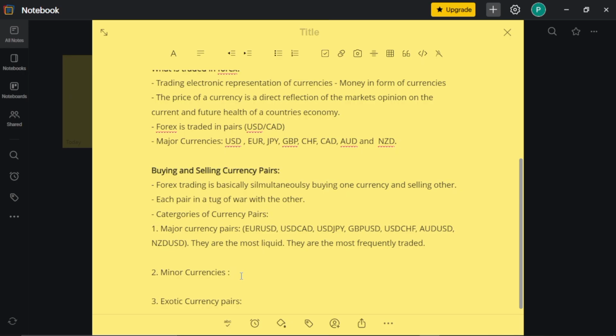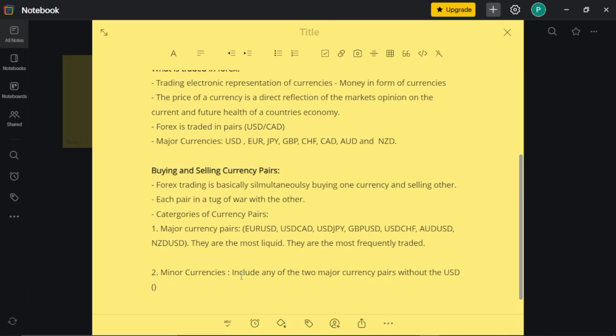So now the minor currency pairs, right? We're looking at the minor currency pairs. These currency pairs include any of the 2 major currency pairs, without the US dollar.